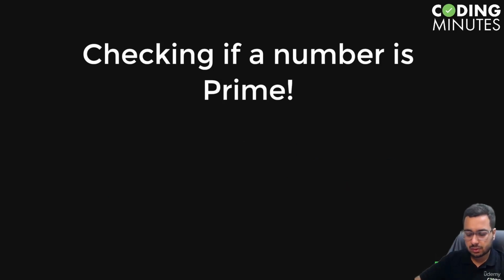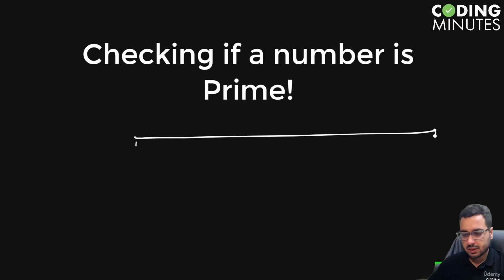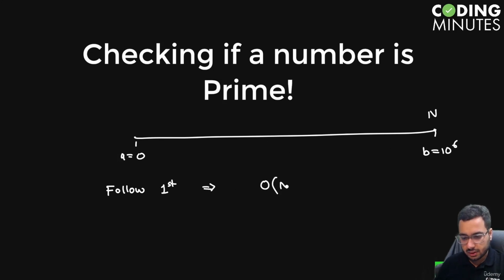Now suppose you want to find all the numbers which are prime in the range starting from 0 till 10 power 6. Let's say this is what n is. If you follow the first approach, where you check for every number whether it is prime or not, you need to iterate over all the numbers, that is order of n, and check if each number is prime, so it will take order of n square time.